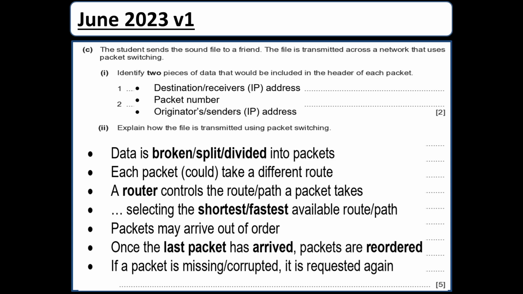They may also arrive out of order, and once the last packet has arrived, packets will then be reordered. Anything in bold is compulsory, so you have to say, for example, that data is either broken, split, or divided. If you don't say any of that, you may not get the mark, so be very careful.